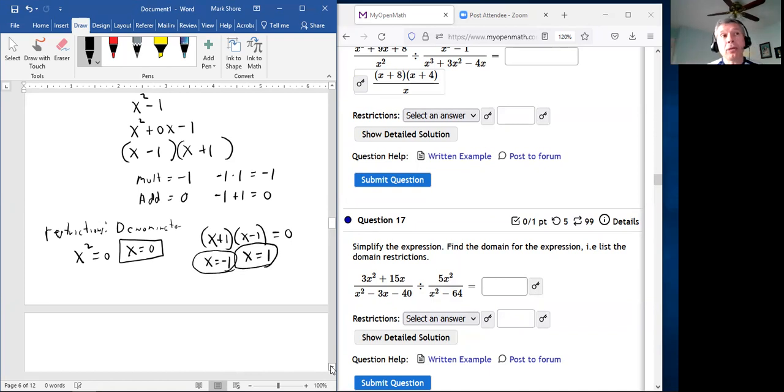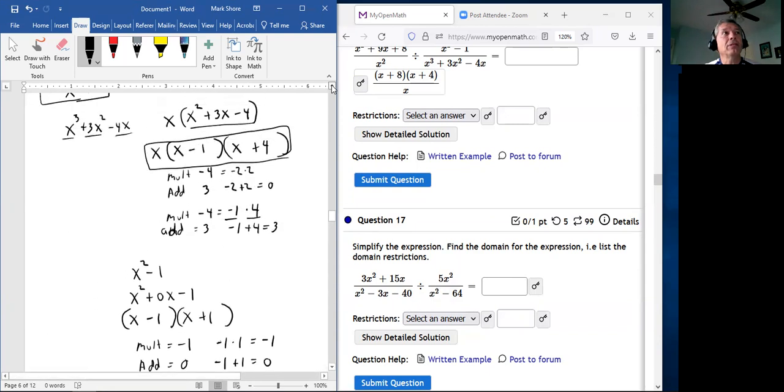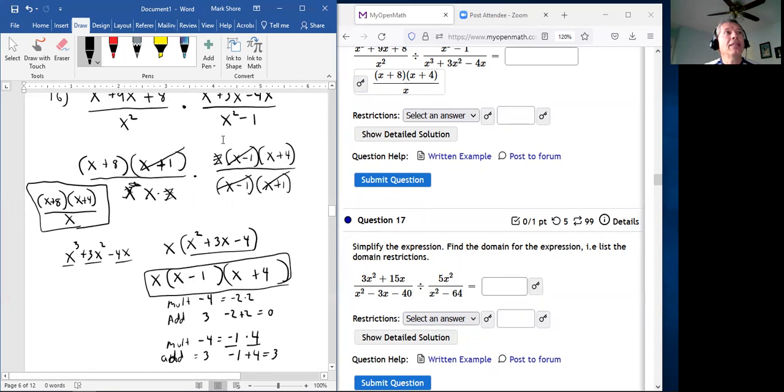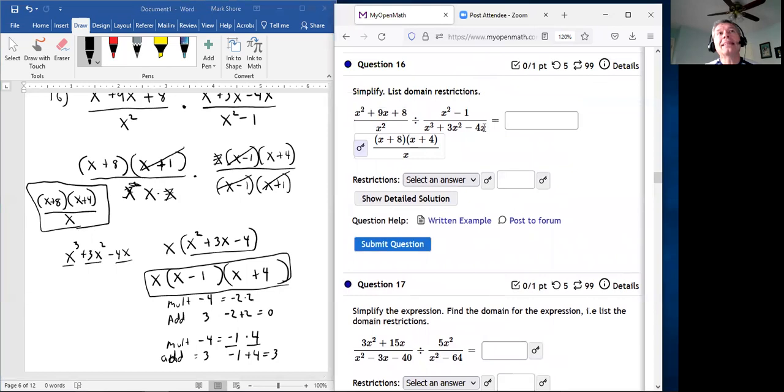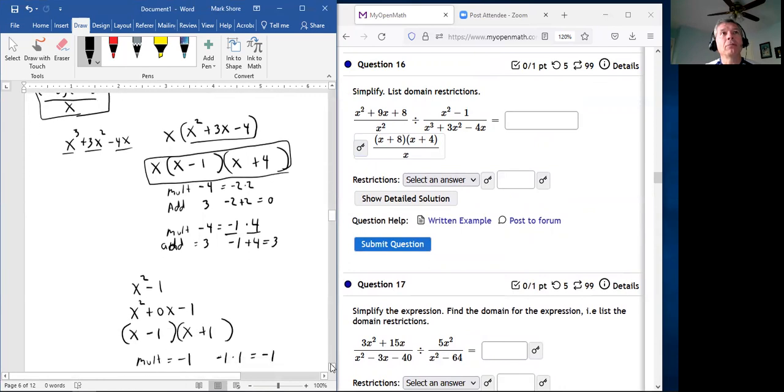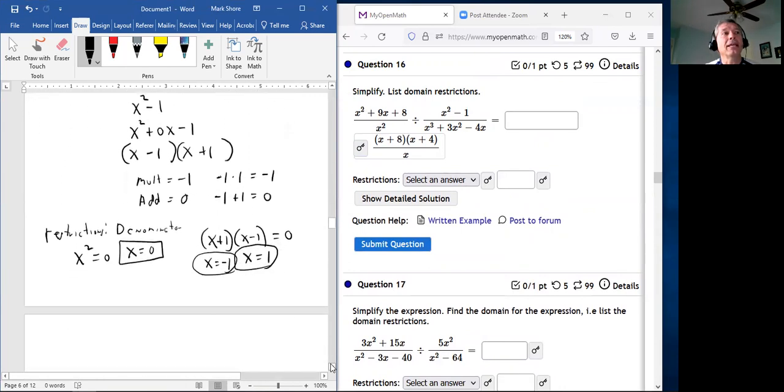Now what we have to do is watch out for things in the denominator. And you might say, well, that's all the denominators there were right there. There was an x squared and the x squared minus 1. But the original problem also had this as the denominator. So we also have to watch out for the original problem that had the x cubed thing.